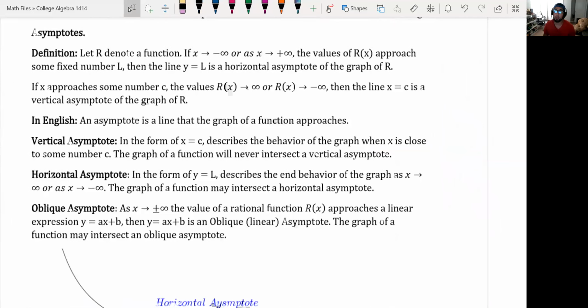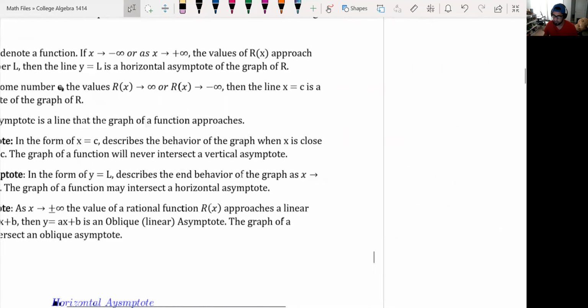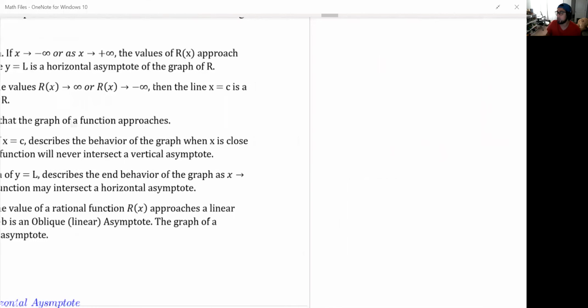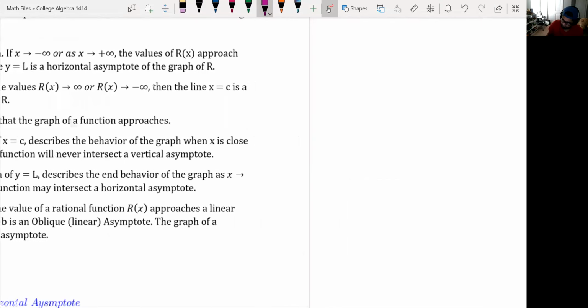A horizontal asymptote in the form of y equals some number L describes the end behavior as the graph approaches infinity or negative infinity. The graph of a function may intersect a horizontal asymptote. So like I said, horizontal asymptotes can be intersected, verticals never. All right, horizontal asymptote, I know there's pictures below, but I'll draw more.